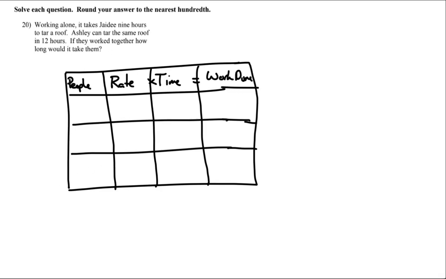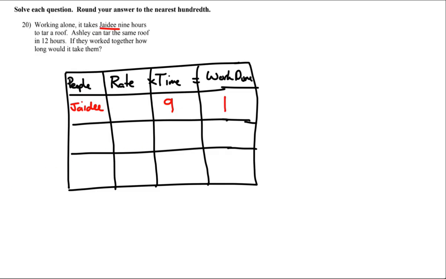Okay, so what we know is that we have JD. JD takes 9 hours to tar a roof. So the roof, we're just going to call the work done one roof. So we'll just call that 1.